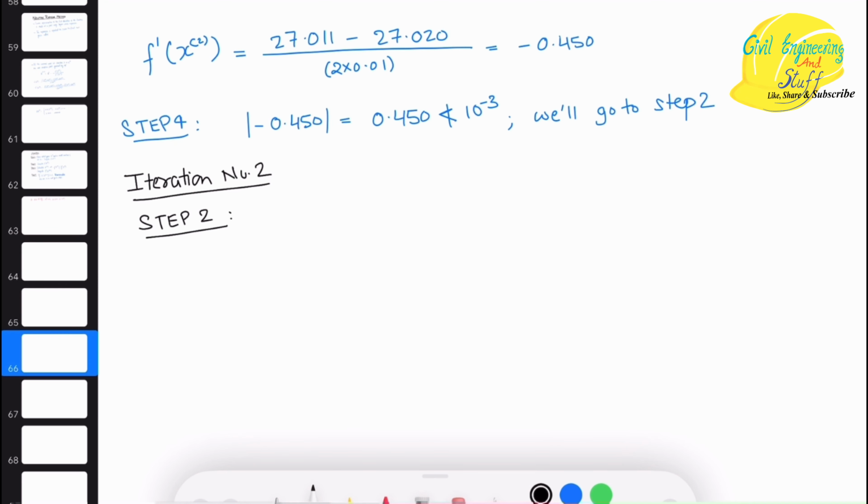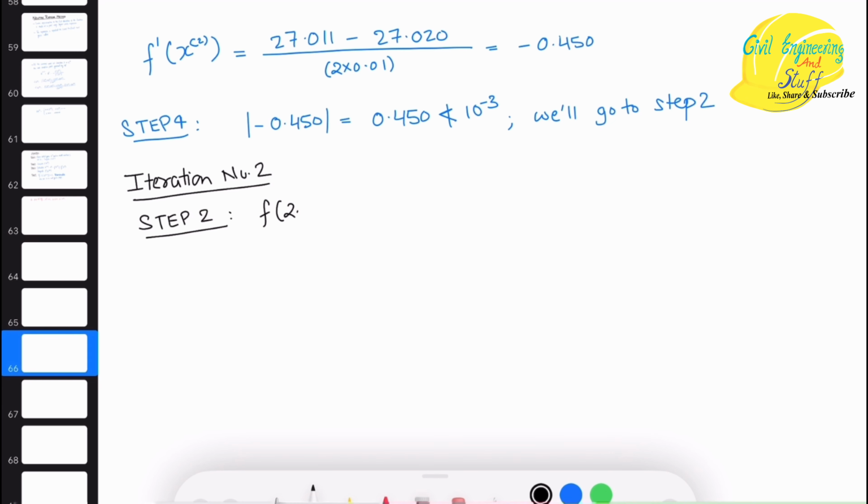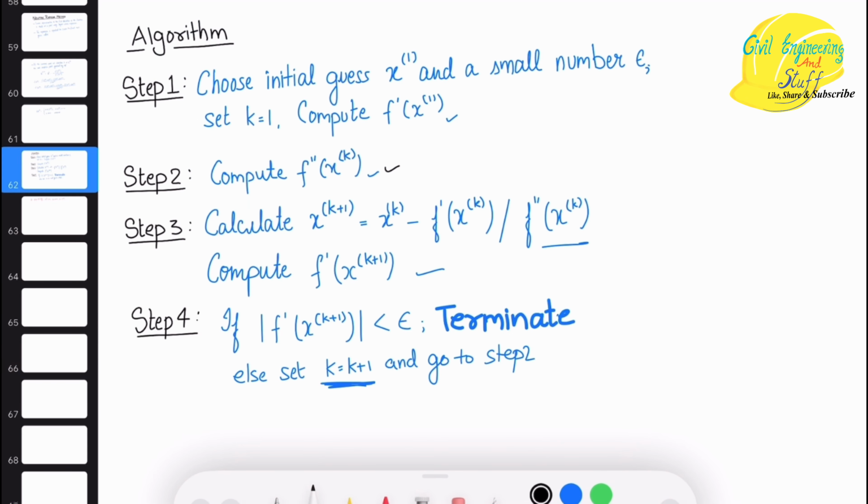The function value of the point, what was the point? The point was 2.929. f of 2.929 will be equal to 2.929 square plus 54 divided by 2.929. So this will give you 27.015. Right, so step 2 says that we have to find out the second derivative.